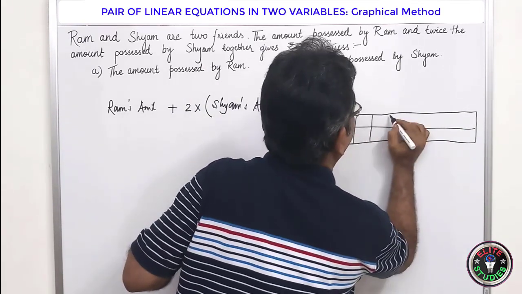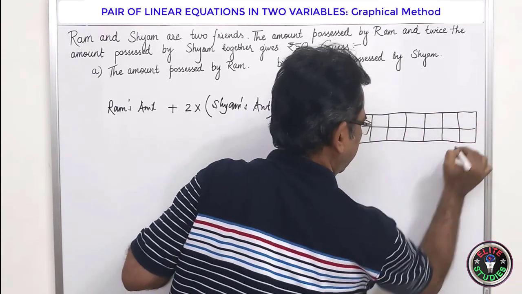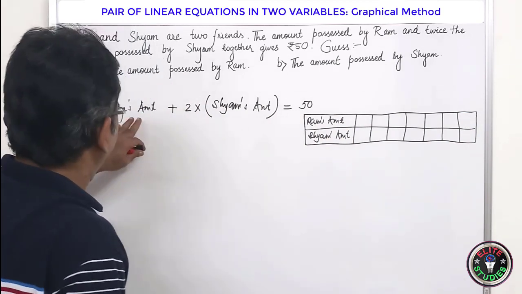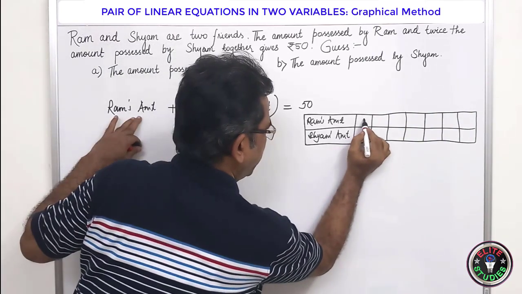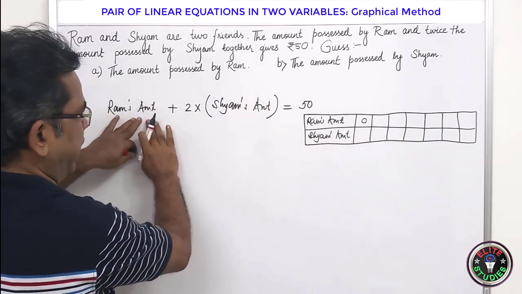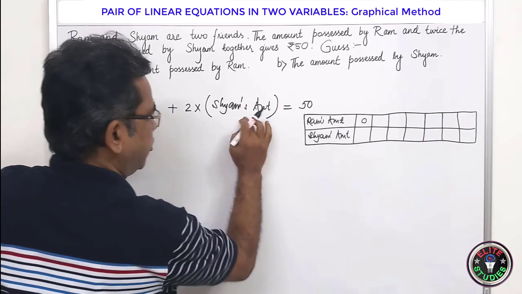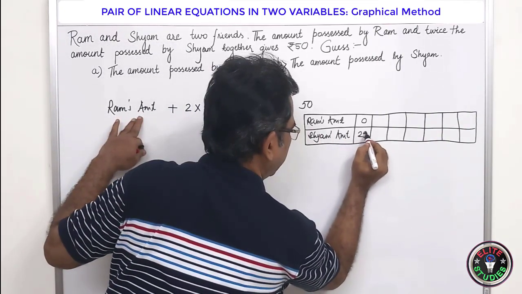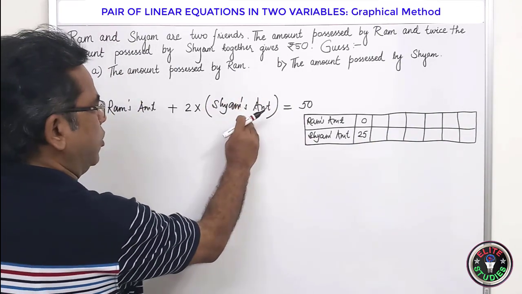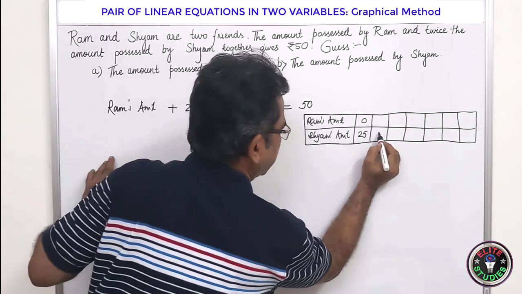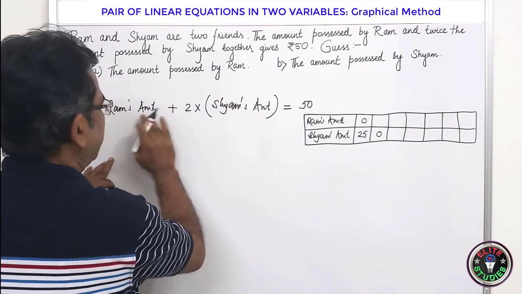Now, let us have a couple of points. If you consider Ram's amount to be 0, suppose he has got no amount, then definitely twice Shyam's amount will be 50, so Shyam's amount will be 25. Similarly, if you consider Shyam's amount as 0, then 2 into 0 is 0, so Ram's amount will be 50.